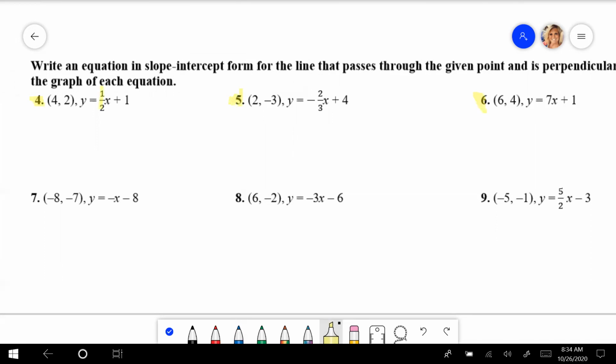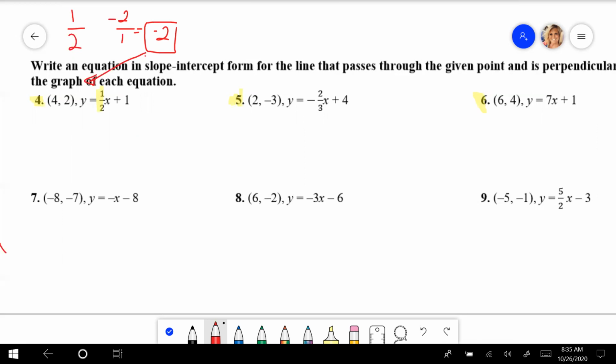So for number 4, it's 1/2. That's the original slope. How do I get it to be the perpendicular one? The flipping opposite. Flip it over, 2/1, and instead of positive, it becomes negative. So my new slope is -2.